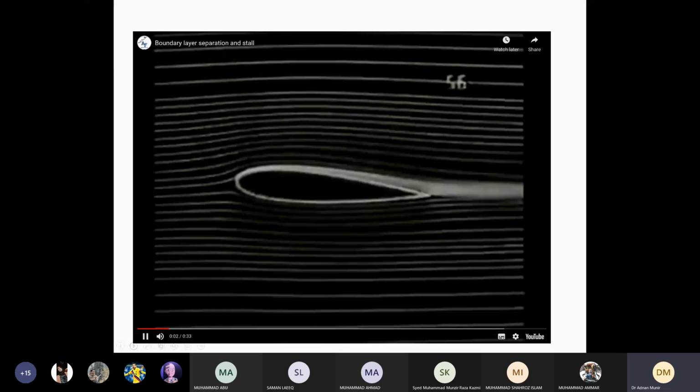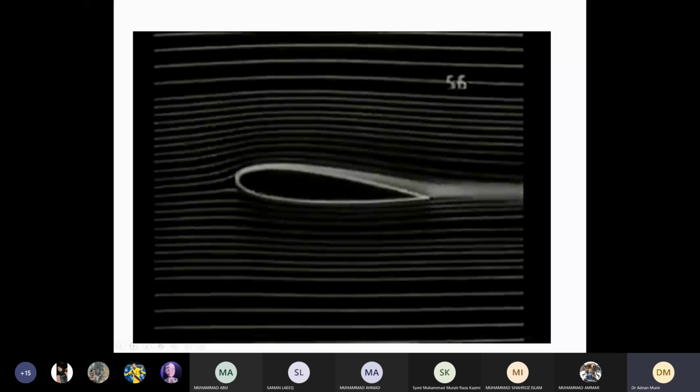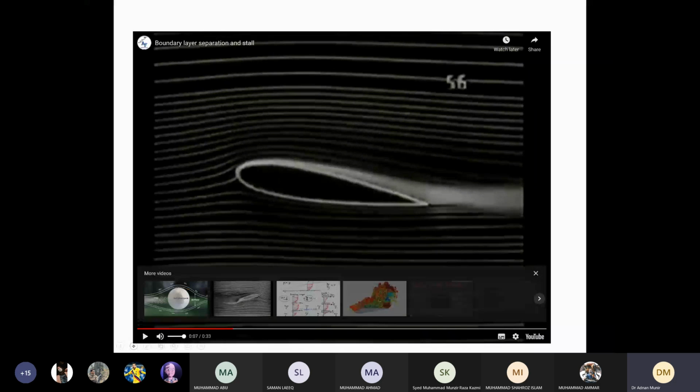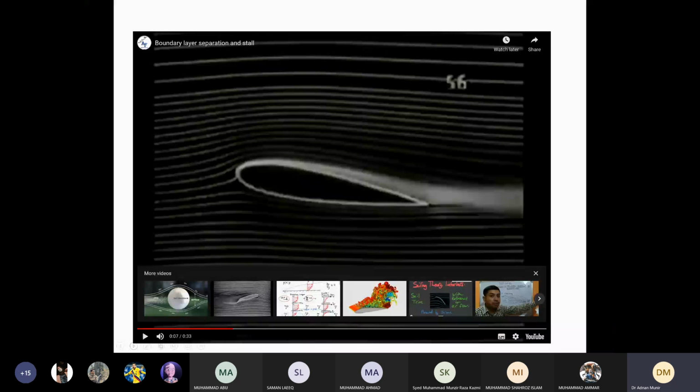As the angle of attack of an airfoil increases, the flow in the boundary layer stops and then reverses direction. Now you can see here that when the aerofoil was lying straight, and even as the angle of attack is increasing, the streamlines are flowing past the aerofoil very smoothly. But as the angle of attack is increasing, you can see the flow separation here, the flow reversal.